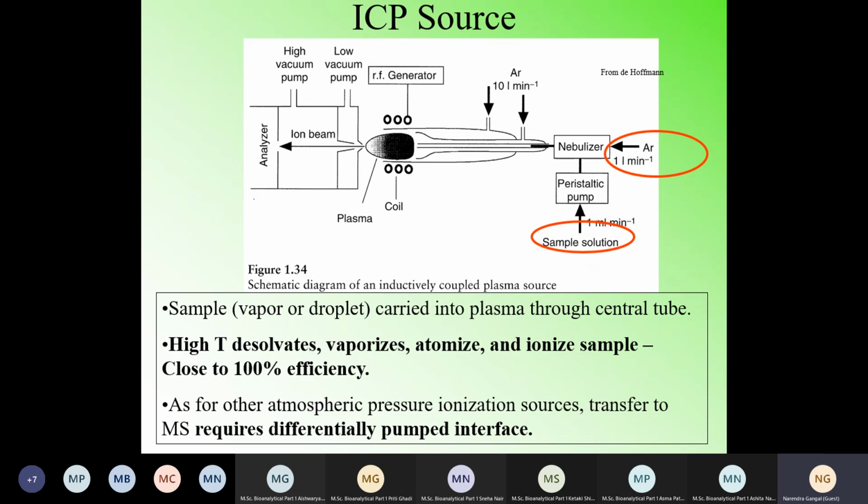Then we discussed the sources typically used for forming ions: EI, CI, the spray techniques such as thermospray, electrospray and atmospheric pressure chemical ionization, and the desorption techniques, fast atom bombardment and MALDI, that is matrix-assisted laser desorption ionization. And we studied ICP, the only source typically used for ionizing inorganic molecules.